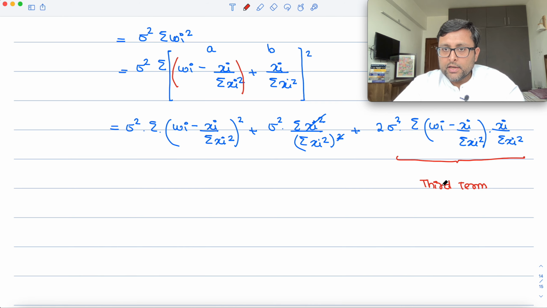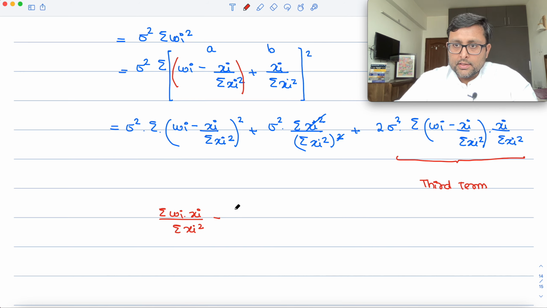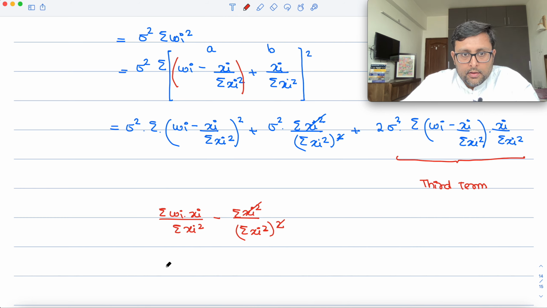We'll start again with this, but let's just look at the third term first. If I open this up, it is wi xi upon summation of small xi square minus this thing into this thing, summation of xi square upon summation of xi square.